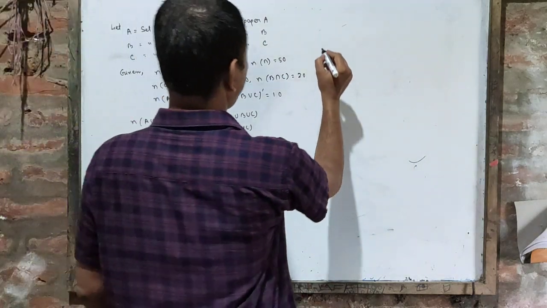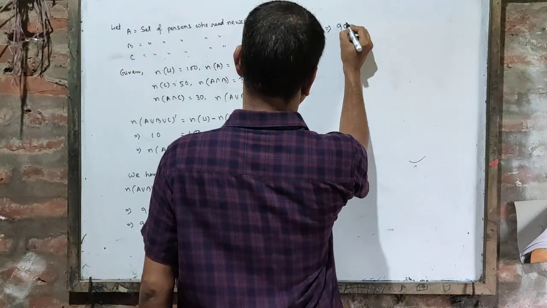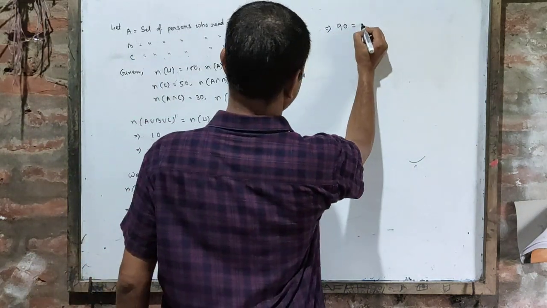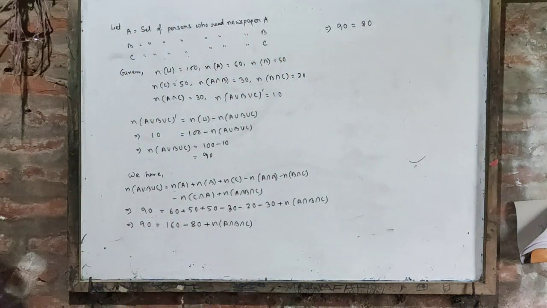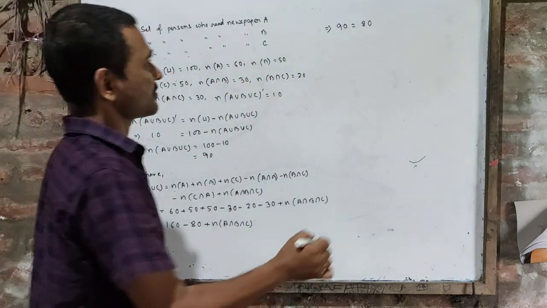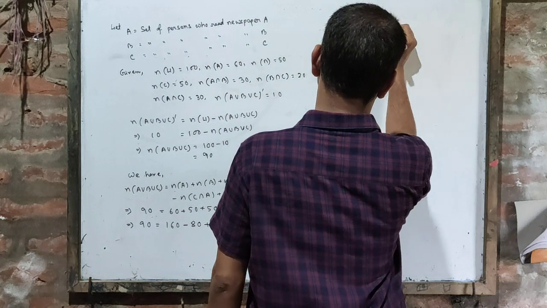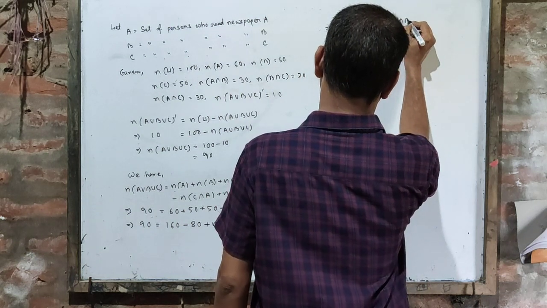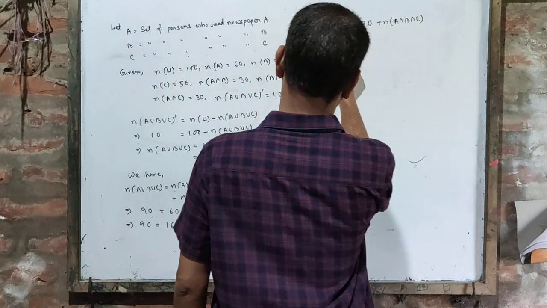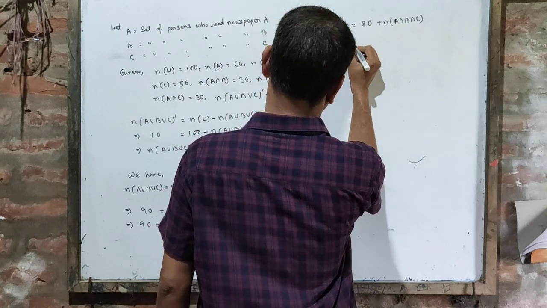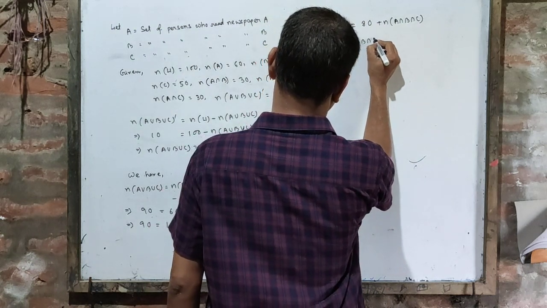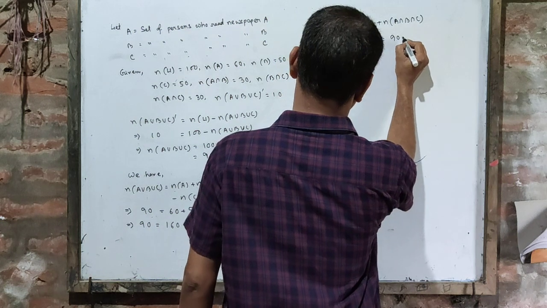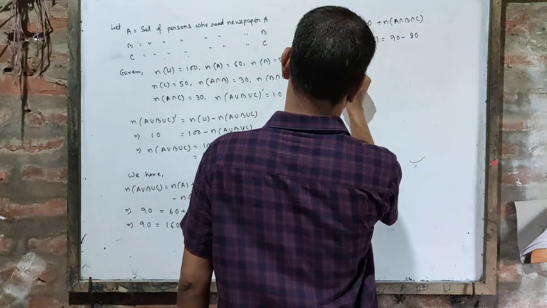So this implies 90 is equal to 160 minus 80, which is 80, right? Plus n of A intersection B intersection C. This implies n of A intersection B intersection C is equal to 90 minus 80, which is 10.